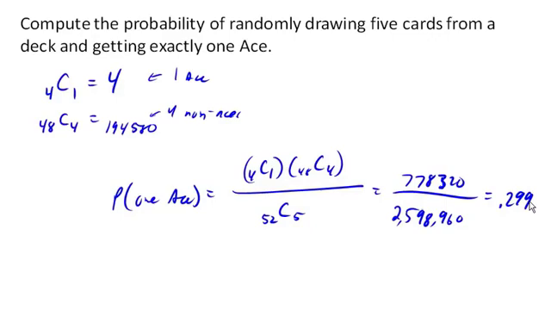So now, what if we wanted to find the probability out of a 5-card hand of getting exactly 2 aces? This is going to be very similar to the last one. Here, out of the 4 aces in the deck, we're going to need to pick 2 of them, and out of all the non-aces in the deck, we're going to need to pick 3 of them this time.